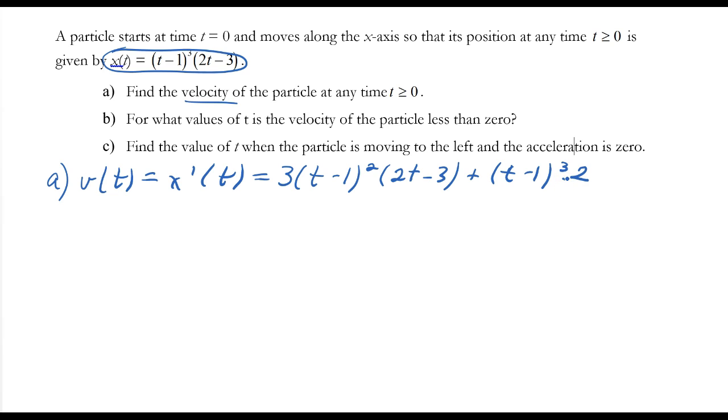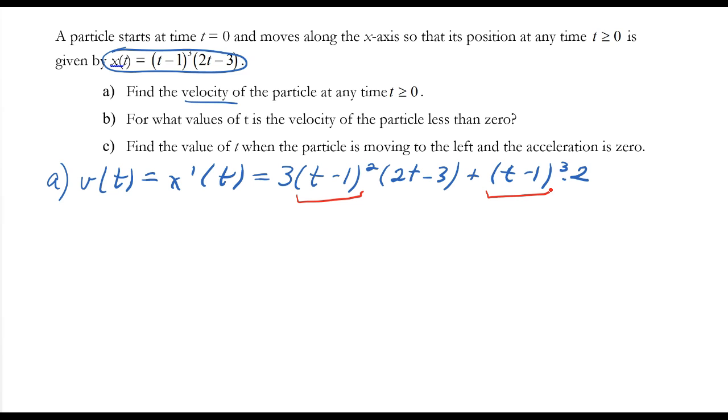And now we're going to do a little bit of magical work, you might say. We're going to be rewriting this in a much more friendly form because it definitely doesn't look too friendly. But notice something. We step back for a moment, metaphorically, and we look at this. We see that we have t minus 1 squared and we have t minus 1 cubed.